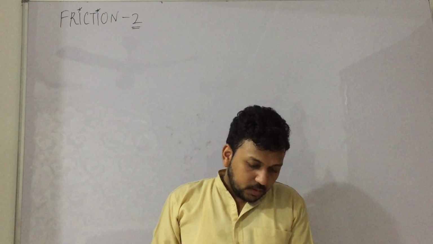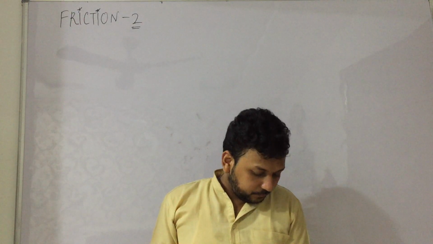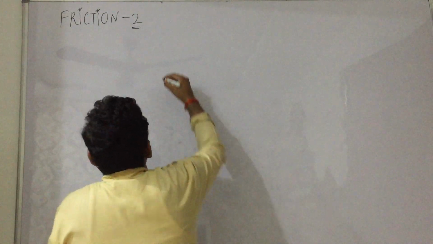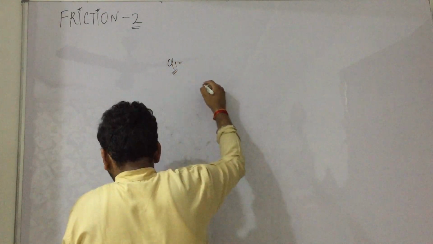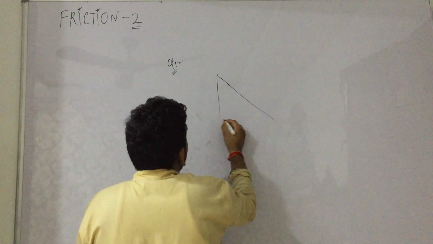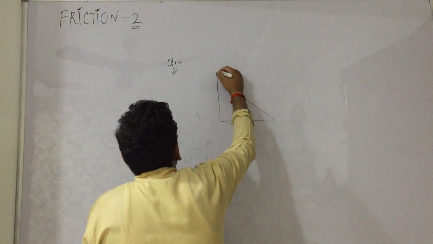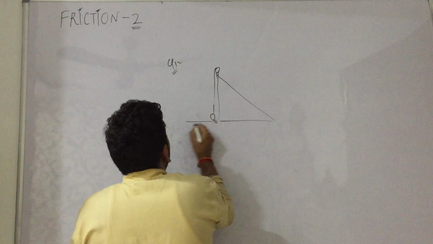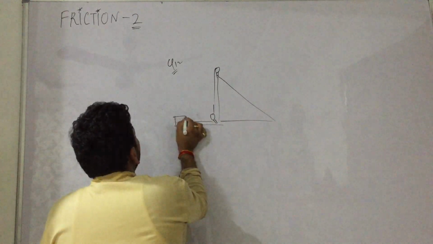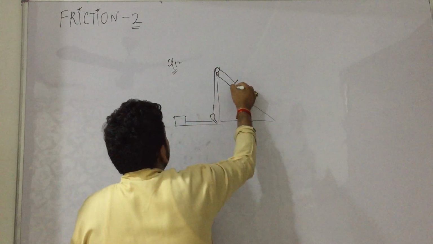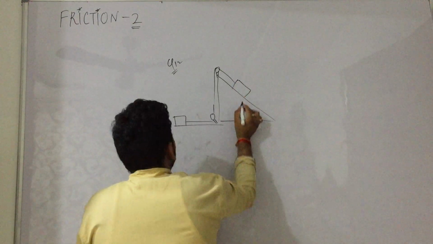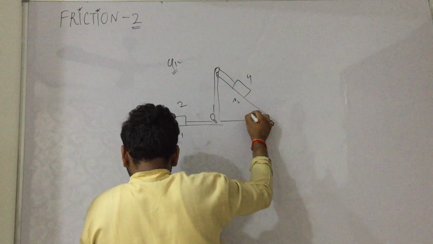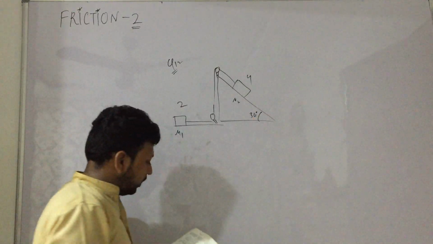So let us take one more question for today. Question number 12. Here is how it goes. There is this mass, there is another mass, mu2, mu1, 2 kg, 4 kg, and theta is there.